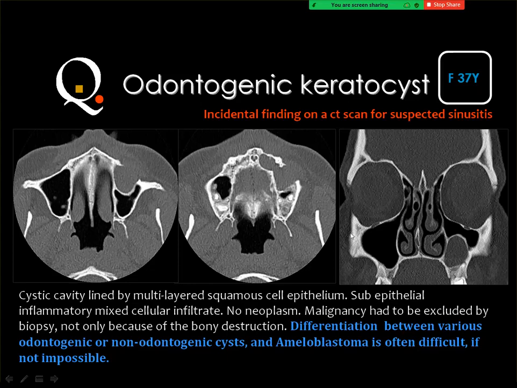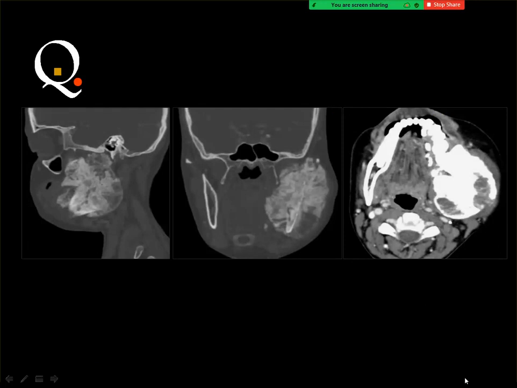If you are asked what you prefer for the diagnosis, you should say that I prefer ameloblastoma or adamantinoma because it is more common than the keratocyst.